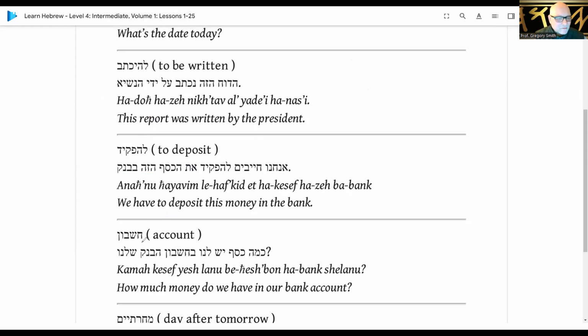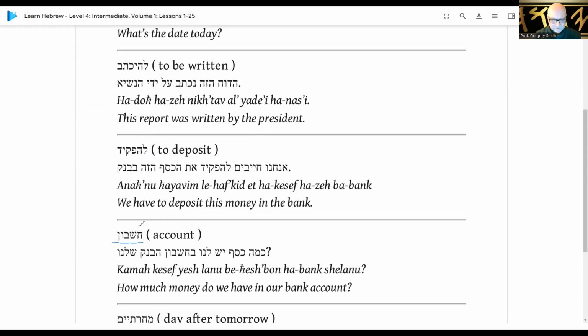All right. How about this one? Heshbon. I wonder if it's heshbon. חשבון. Yeah, it can mean an invoice. It can mean an account. Looks like it can even be used in some ways as a bill.